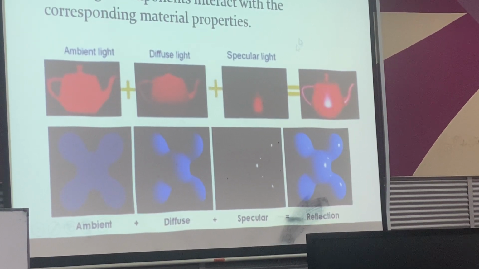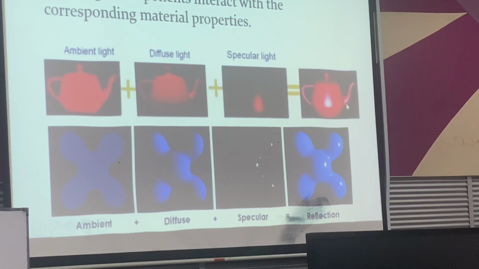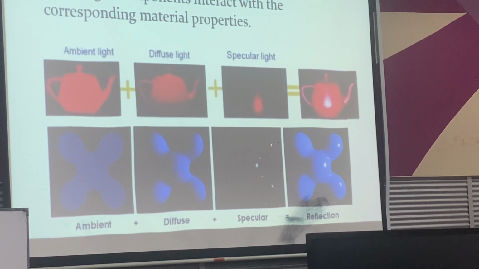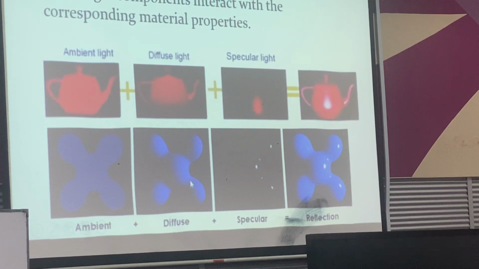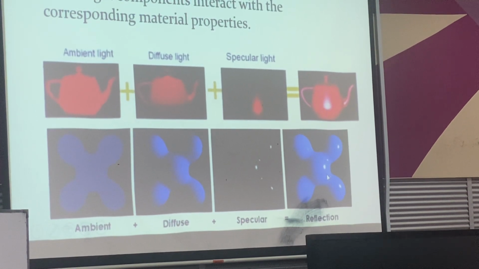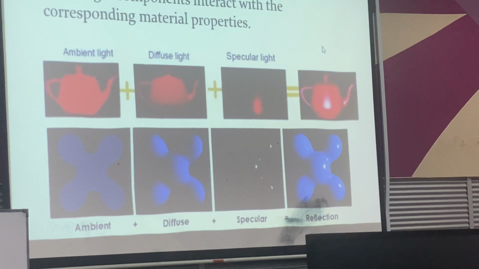At the end, this is how it looks, which looks realistic. Same for this object X: ambient, diffuse, specular. Now your object looks really nice, realistic, and 3D when you implement all 3 lights together.